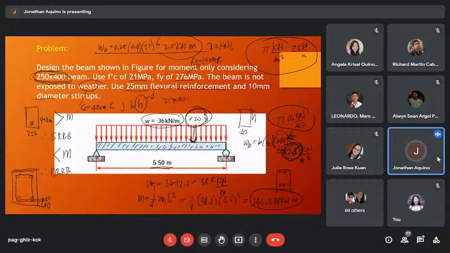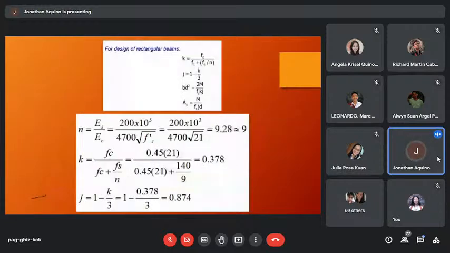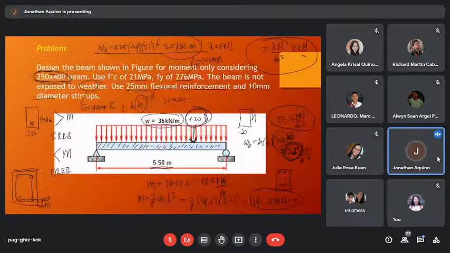So another from centroid, we have 1/2 diameter of bar, or 1/2 of 25 is 12.5 millimeter. So D is just simply H, total height, minus concrete cover, minus diameter of stirrups, minus 1/2 diameter of bar.